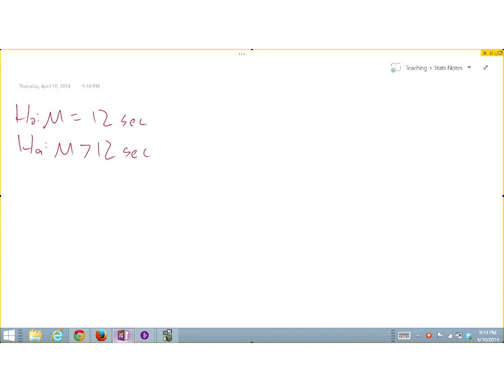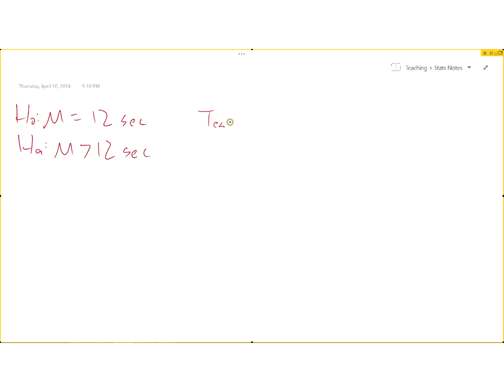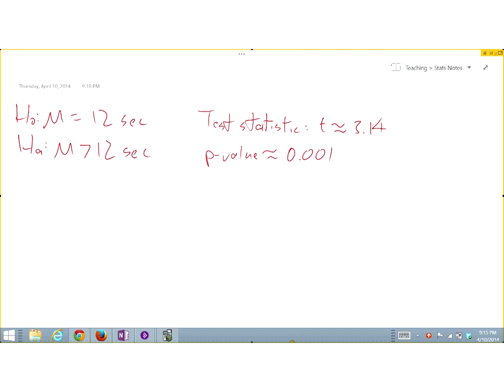Before, with proportions, the test statistic was a z, but now it's a t. So t is approximately 3.14, and the p-value was approximately 0.001, I think.